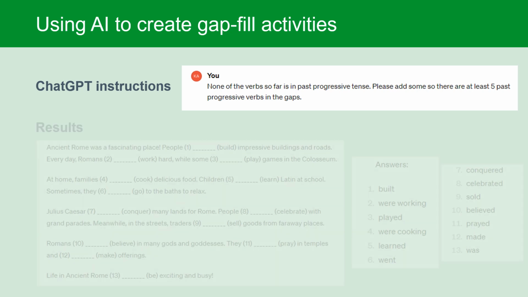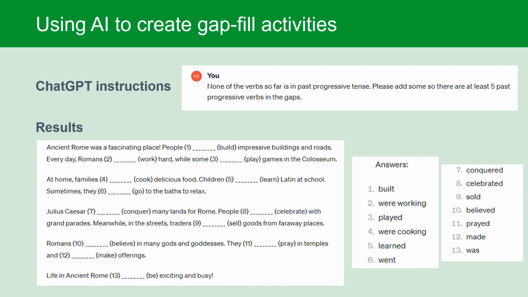Now you can see that the outcome is a bit better. That is, we've got were working and were cooking, but it seems that ChatGPT ignored the request to include 5 past progressive verbs in the gaps. This means we might need to edit them manually, but we've got a good and time-saving start here already.